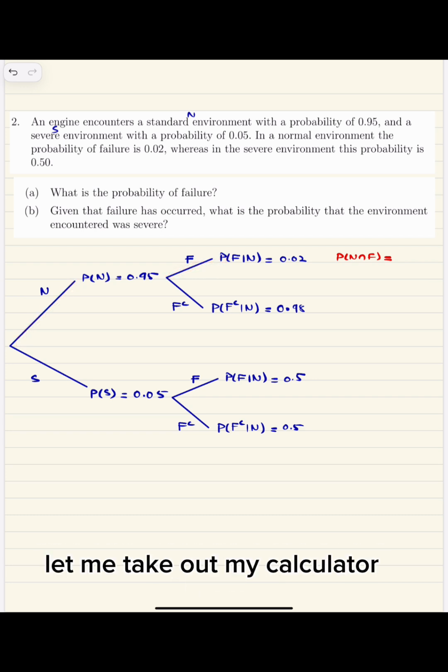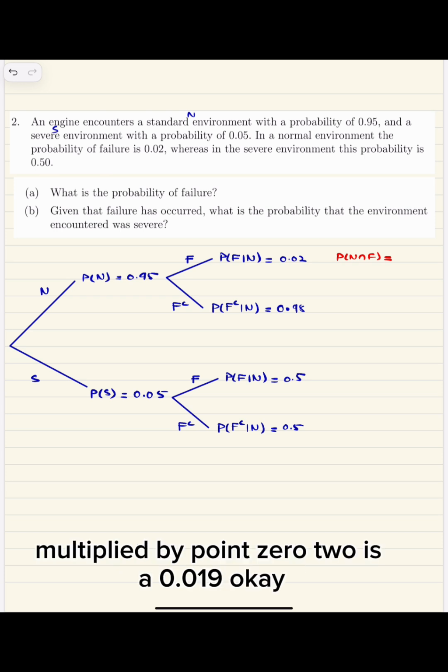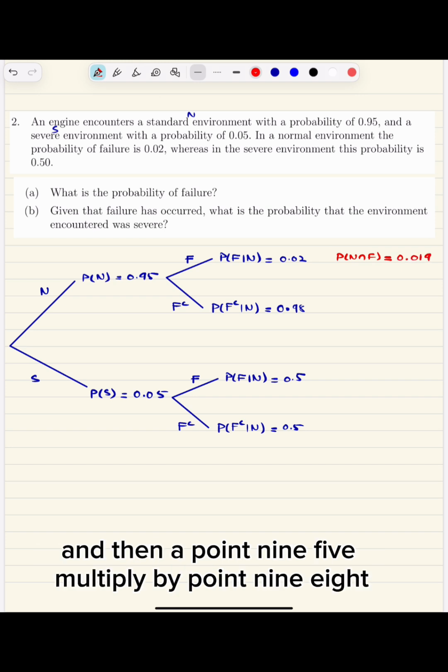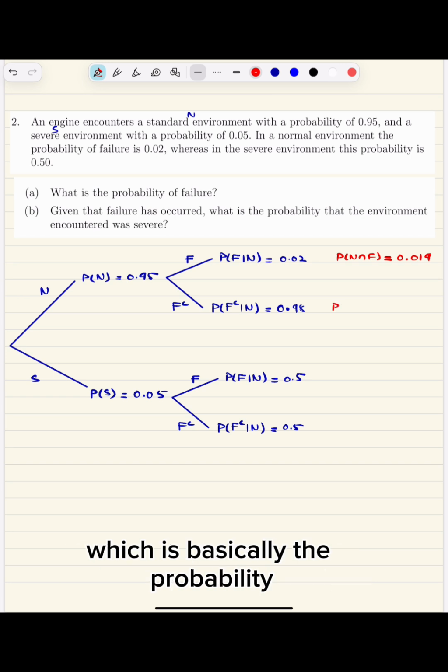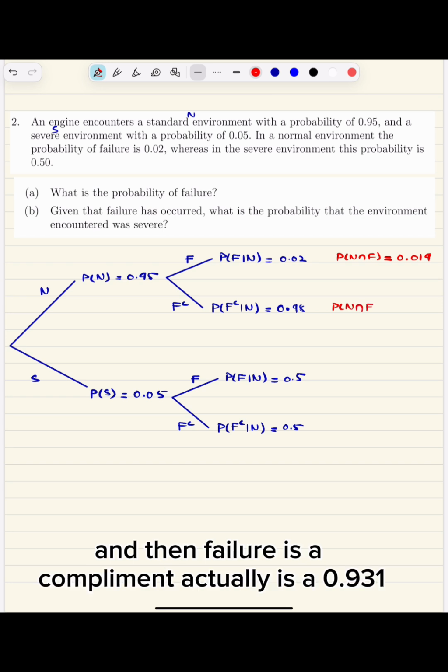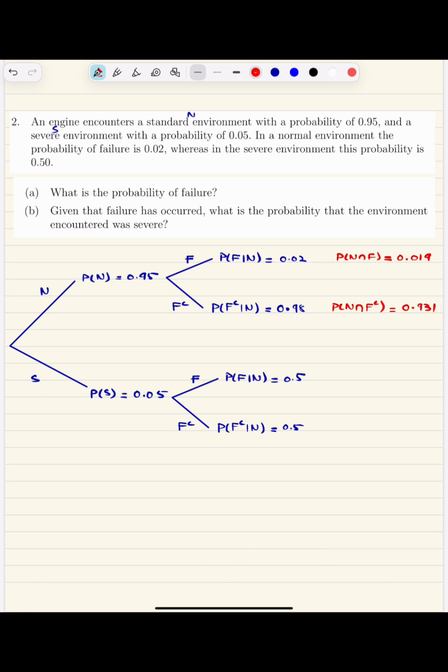So along these nodes, let me take out my calculator. 0.95 multiplied by 0.02 is 0.019. Then 0.95 multiplied by 0.98, which is the probability of a normal environment and the failure complement, is 0.931.